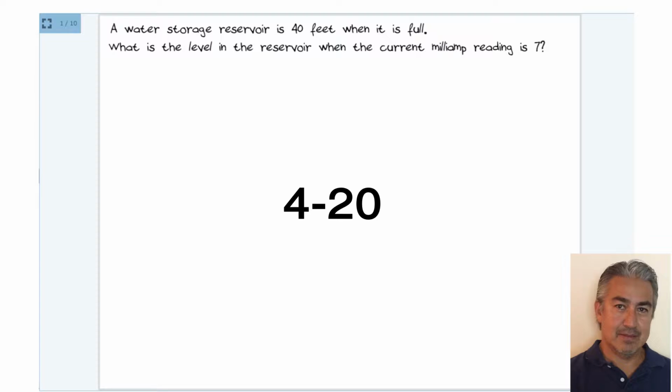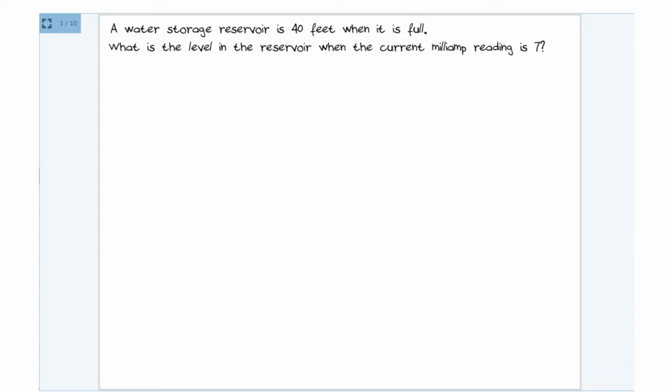So this falls into a 4 to 20 milliamp span question. And how do we recognize that? Really, two factors tell me that. There's only two here. We are given what the range is, in this case when the reservoir level is full, reading 40 feet.